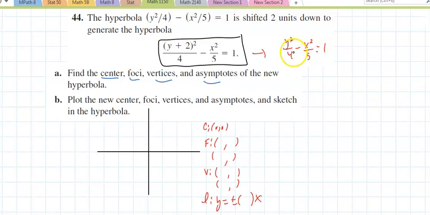So, if I look at that, I'm going to move 2 in the y and -2 in the y, radical 5 in the x, create my rectangular box.